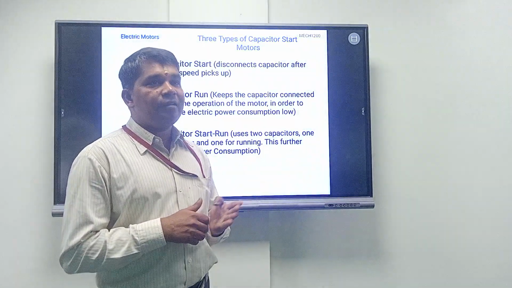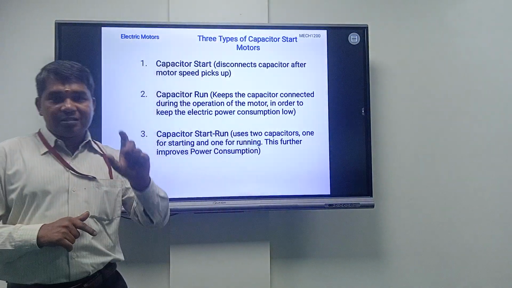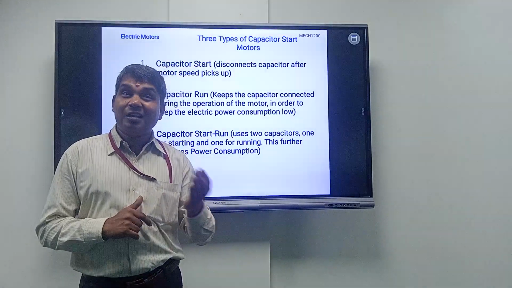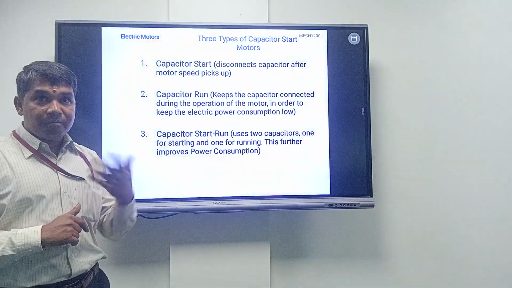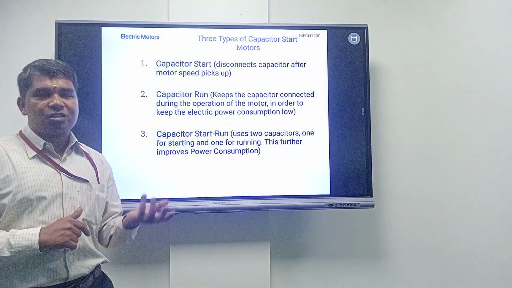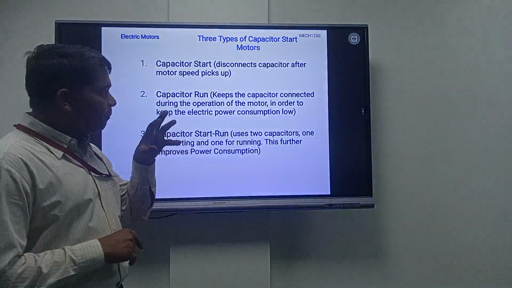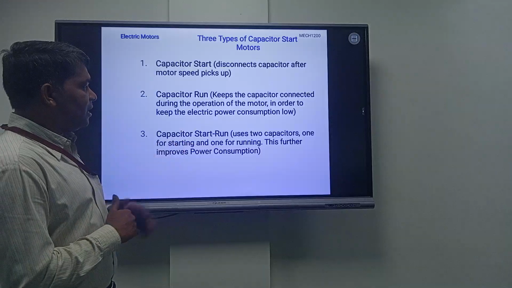Power factor is nothing but the phase angle between voltage and current. If the current is lagging the voltage, there will be losses, and losses mean efficiency will be reduced. That's why the power factor needs to be improved, and there the capacitor plays an important role.